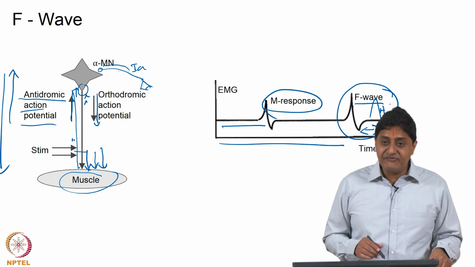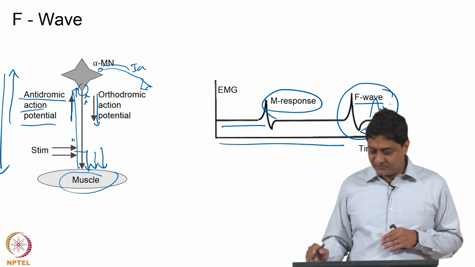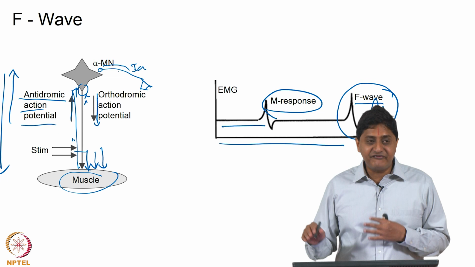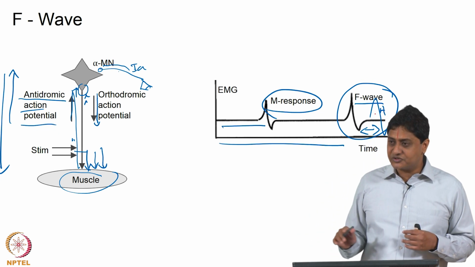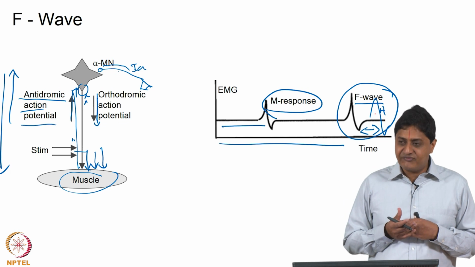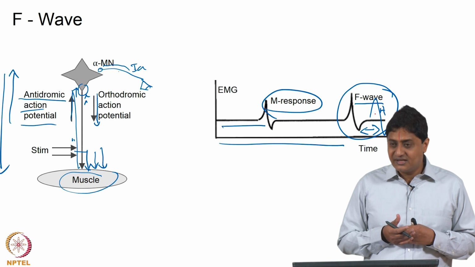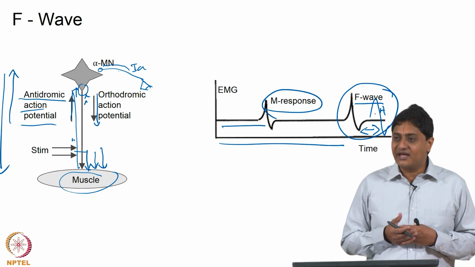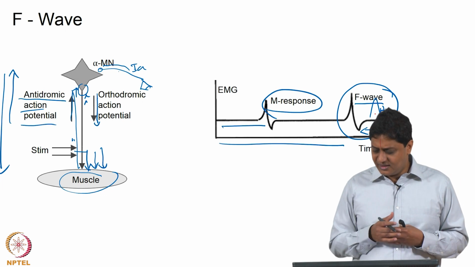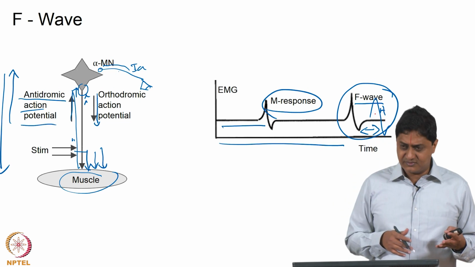Because of this, if at all there is going to be an H reflex, that is going to arrive later in time, after the F wave. In other words, the latency of the F wave is going to be slightly smaller than the H reflex latency. Of course, the M response latency will be much smaller.